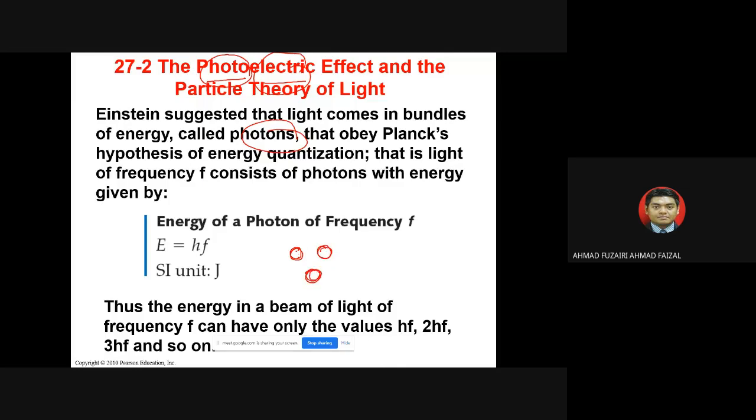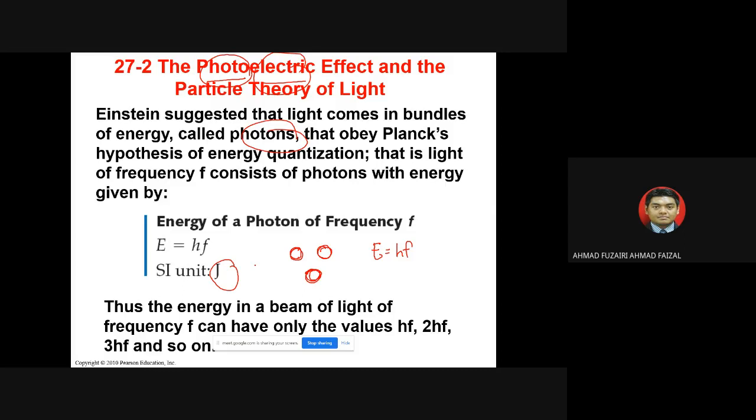This particle will obey Planck's hypothesis, E equals hf, whereby h is Planck's constant and f is the frequency, and the unit for the energy of a photon is joule.